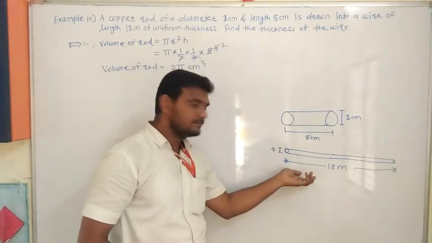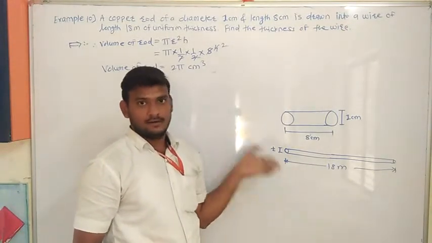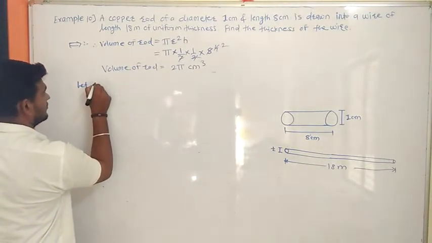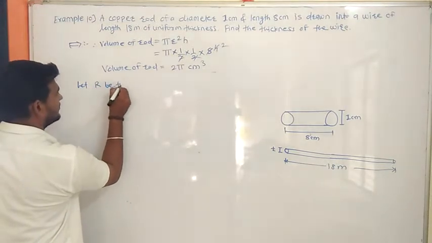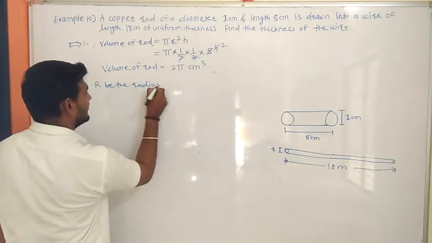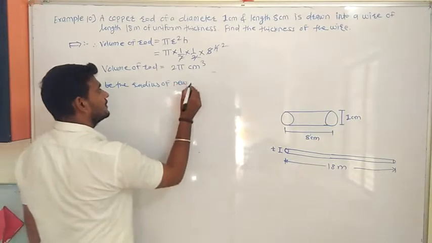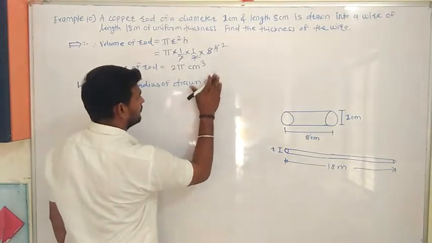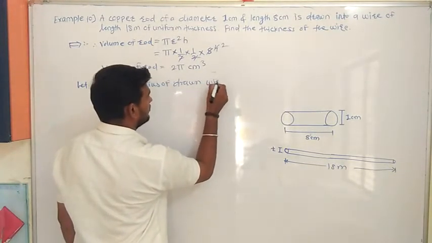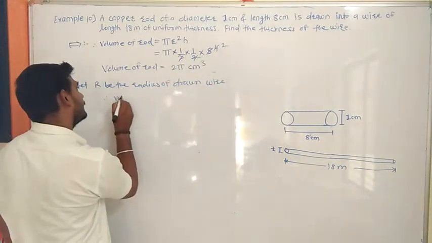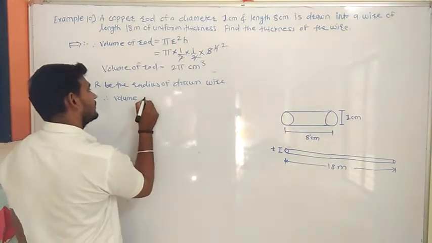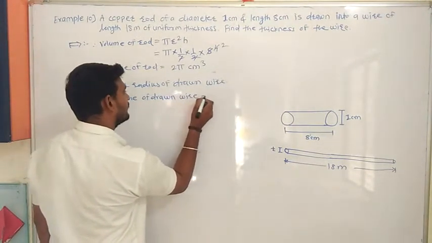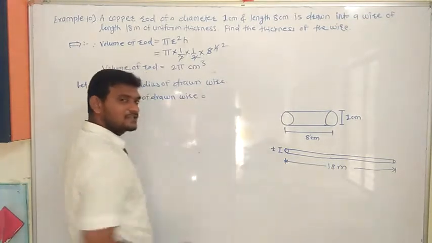Now we also have to find the thickness of the wire. Let R be the radius of the newly formed wire, or you can write radius of drawn wire. Therefore, volume of drawn wire is equal to, it is also in the shape of a cylinder only.